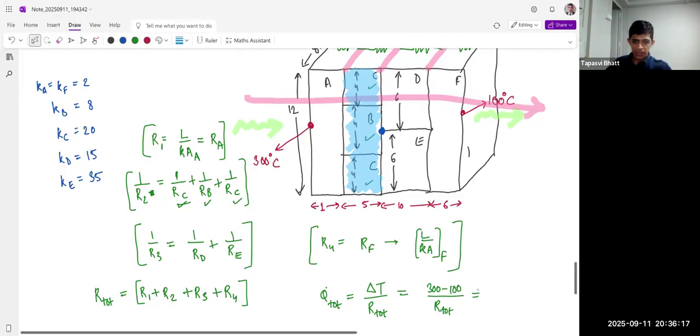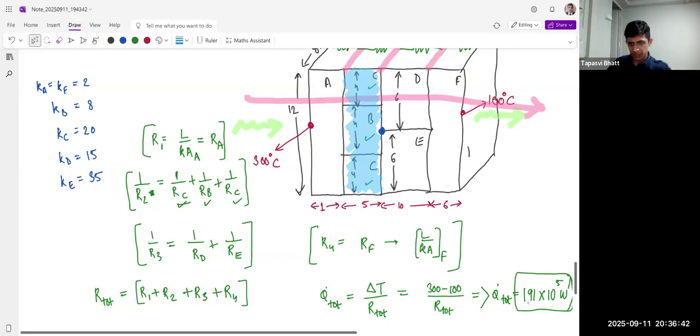So from this you will get Q dot as 191 times 10 to the power 5. It could be 1.91 as well, but I don't see the point here in my last year's notes.